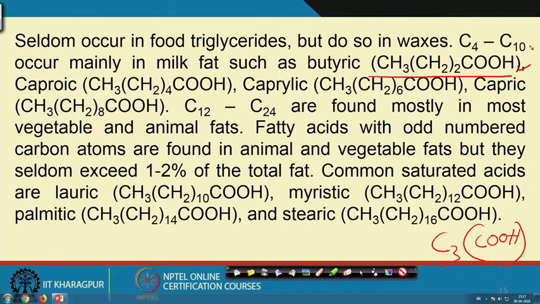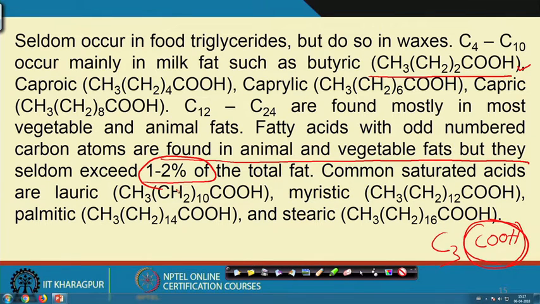Fatty acids with odd number carbon atoms are found in animal and vegetable fats. That odd number includes this COOH, right. This COOH is included, but they seldom exceed 1 to 2% of the total fat. Out of the total fat which is present, these odd numbers are only around 1 to 2%.